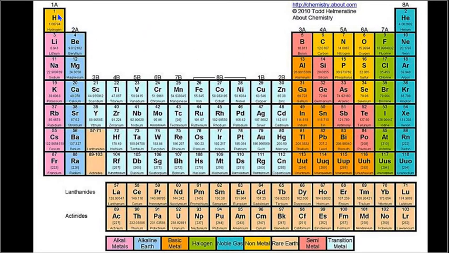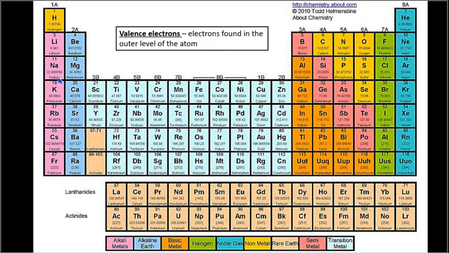Now you'll see that it goes 1A, 2A, and then you have a bunch of B's that don't seem to be in order, and then it goes 3, 4, 5, 6, 7, 8 for the A's. Now, ignoring the B's for a minute, because the B's are a little weird, the number at the top indicates how many valence electrons each group has.